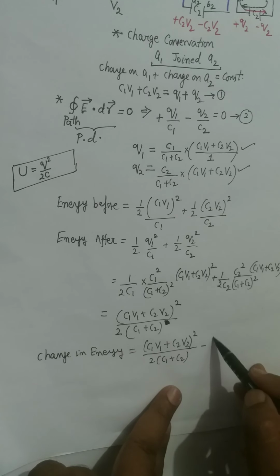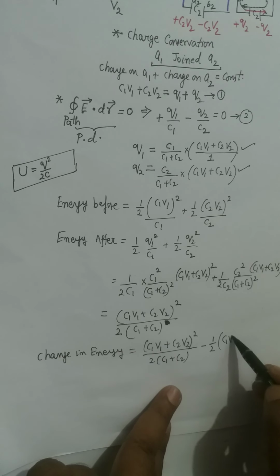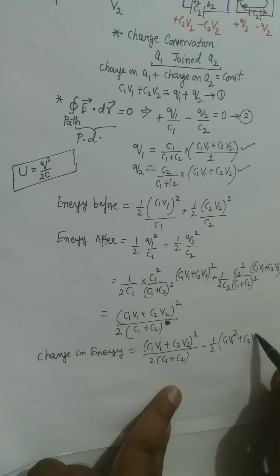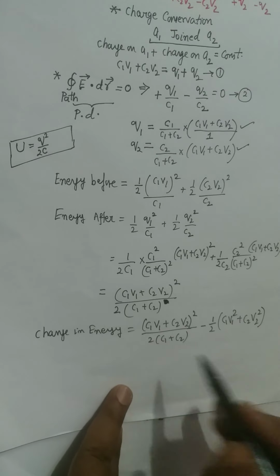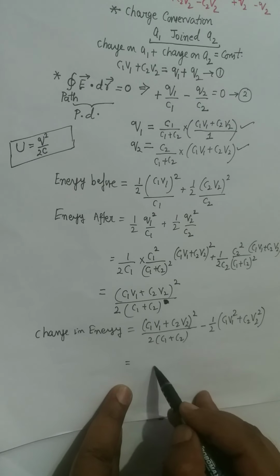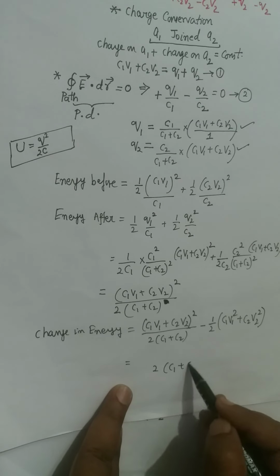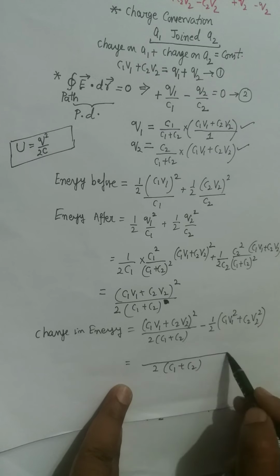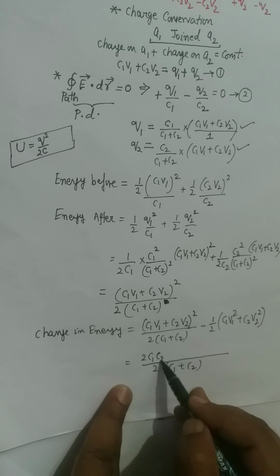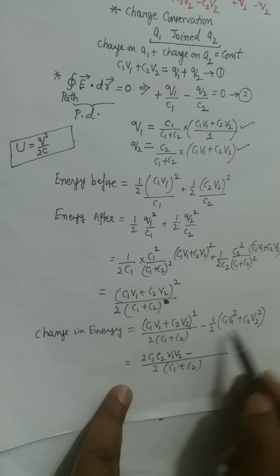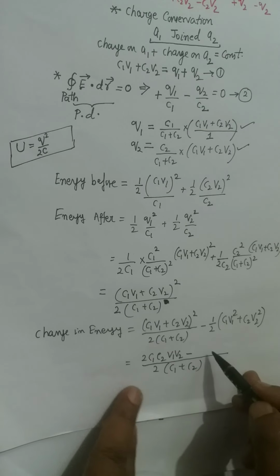Initial energies are 1 upon 2 times C1 V1 square plus C2 V2 square. Now you can subtract these terms and you will get the change of energy, after simplification, as twice C1 plus C2 in the denominator. Here I will have twice C1 C2 V1 V2 and minus 1.